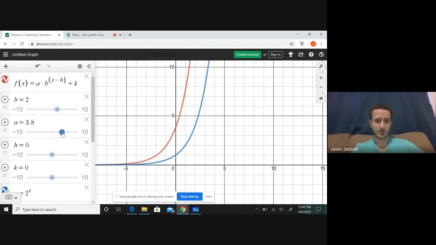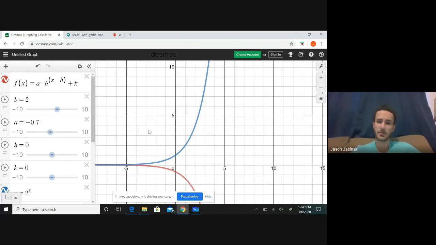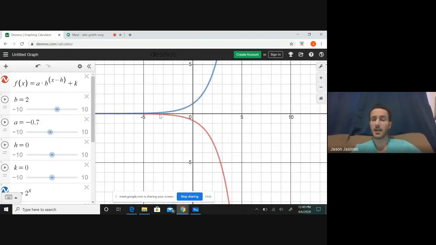If a is exactly 1, it doesn't alter anything because 1 times whatever is still whatever. If a is smaller than 1 but bigger than 0, it delays the growth. But what's important, if a is a negative value, it flips the curve over the x-axis or over the asymptote for this particular problem.